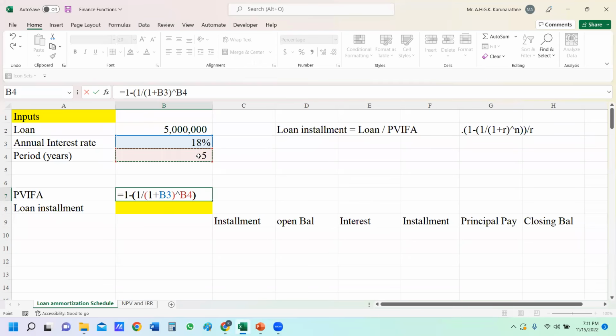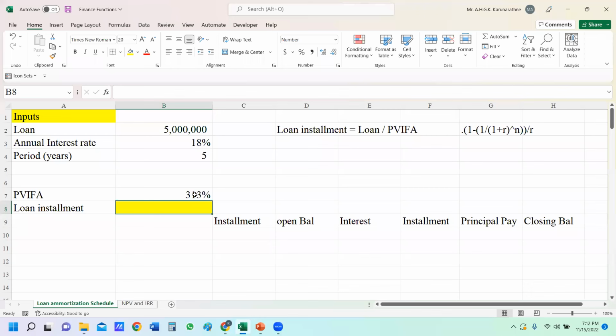Then this whole should be divided by R. Accordingly, the present value interest factor of the annuity is 3.127.